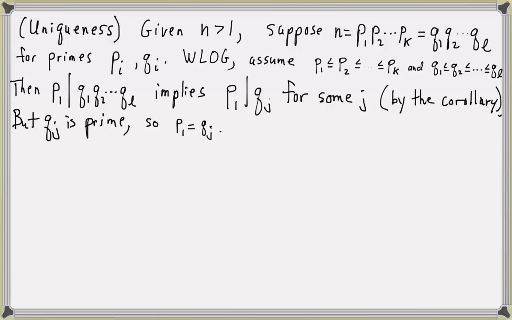Well, by a similar argument, if we start with q1, we can show that q1 must equal one of the p's. So similarly, we can show that q1 equals pi for some i.